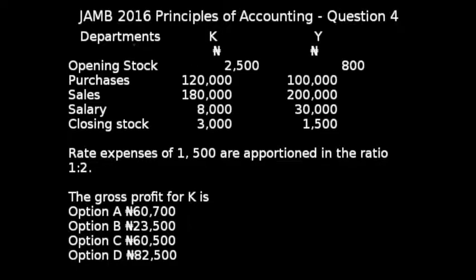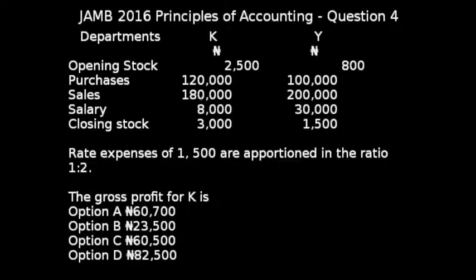We are given, of course, department Care and Y. And if we look carefully here, we have stock for both departments. Stock for Care, 2,500, Y 800, and then purchases 120,000 for department Care, and that of Y is 100,000.